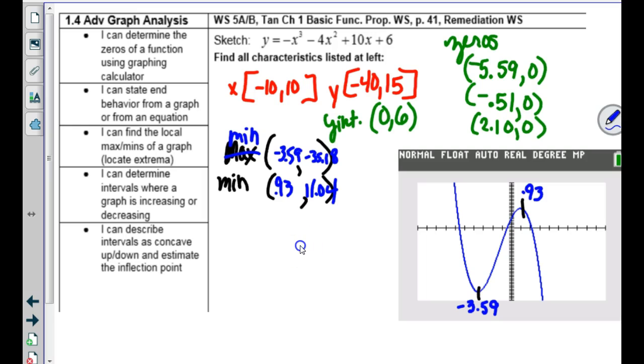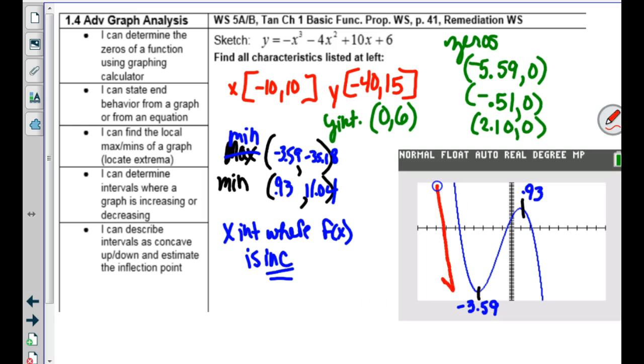I'm writing the X's on the graph because that's what I use for increasing and decreasing. All right, the next thing it will say is X intervals where f of X is increasing. Okay, so where is this increasing? Left to right, this piece goes.